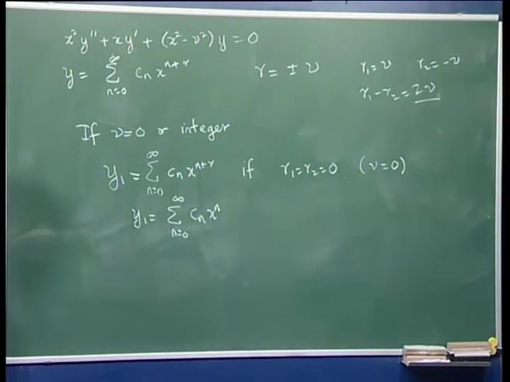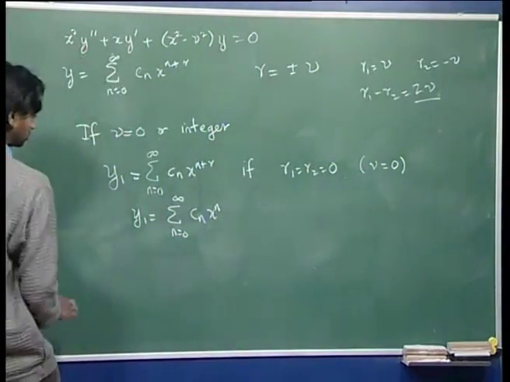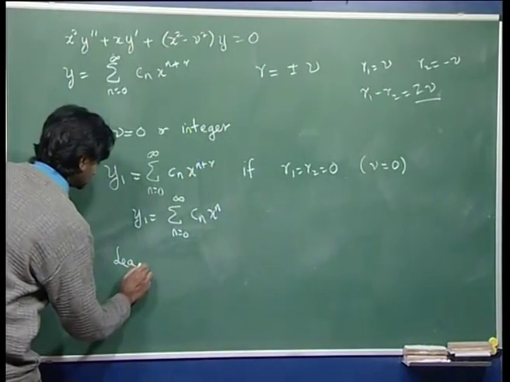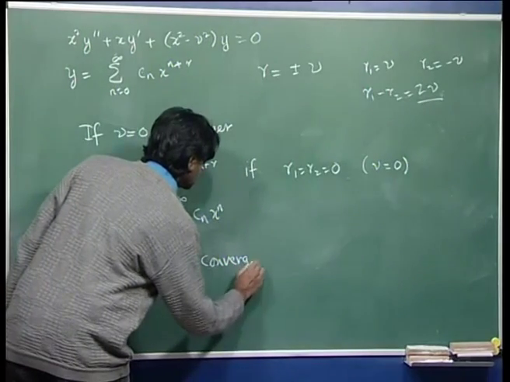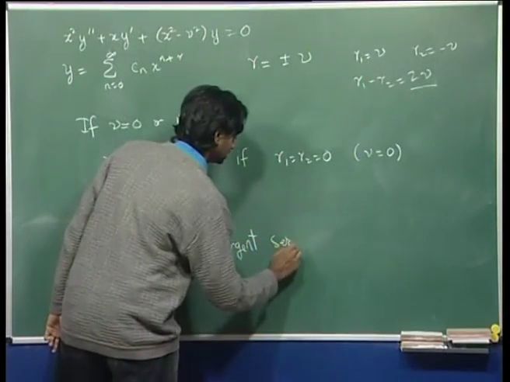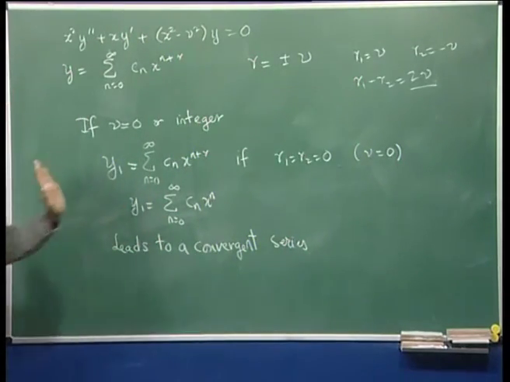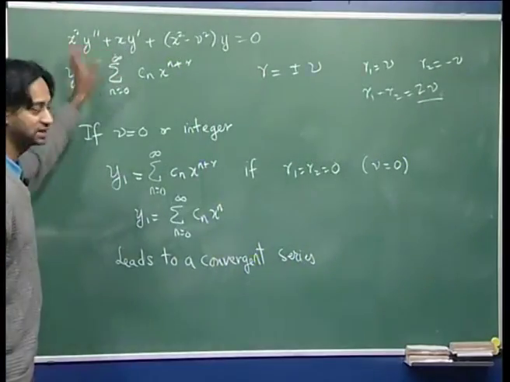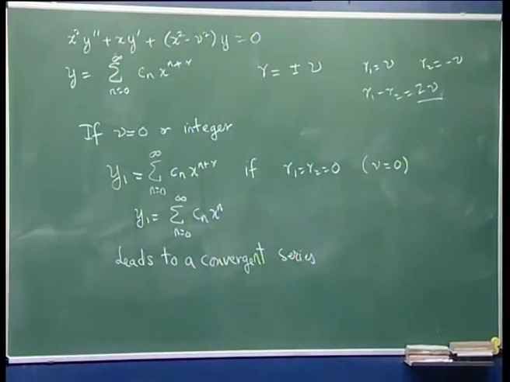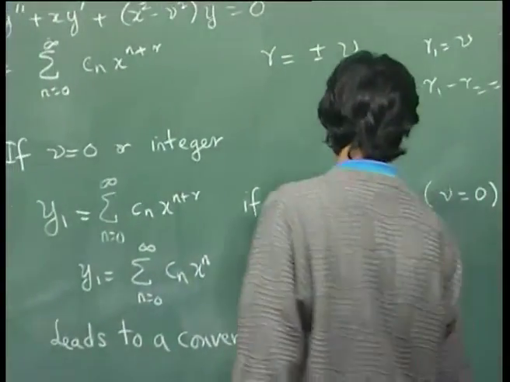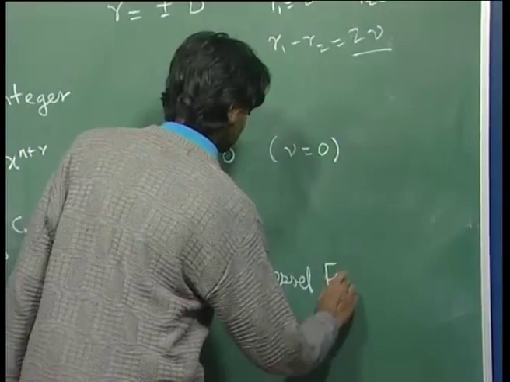So, one solution can be written in terms of a power series, and when you substitute this and work it out, you will find that it leads to a convergent series. And remember what we said is that a convergent series is some series that truncates somewhere. So, instead of going from 0 to infinity, it stops at some point, and that series is called the Bessel function.